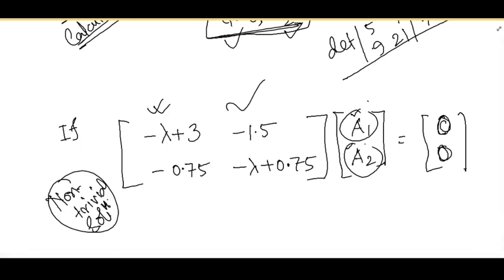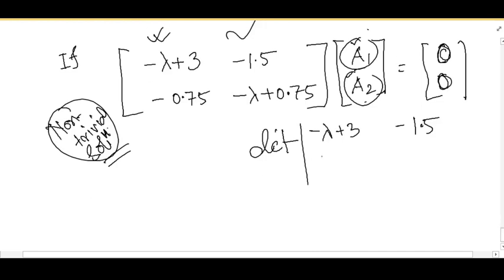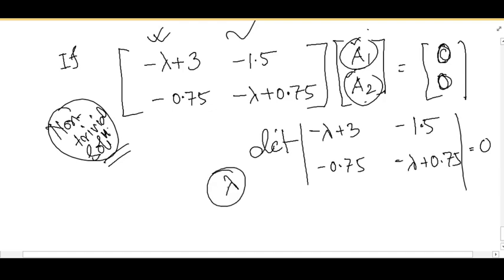So in that case, what will happen? As a1 and a2 cannot be equal to 0, it must be a non-trivial solution, and in that case the determinant of this particular matrix, (lambda + 3), minus 1.15, where lambda is unknown, that's why I am giving this example, minus (lambda + 0.75), the determinant of this equals 0, and from this equation you can determine the value of lambda, from which you can easily determine the values of a1 and a2.